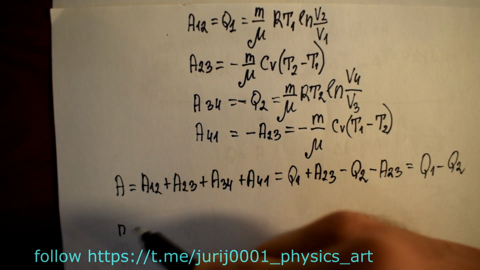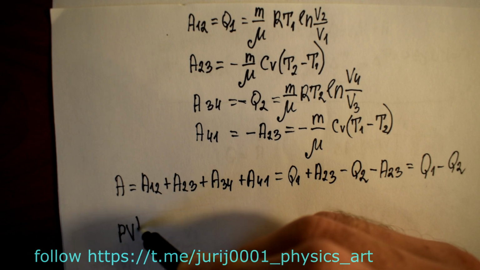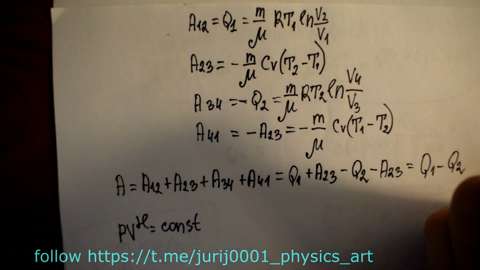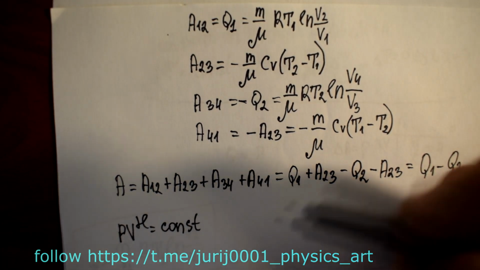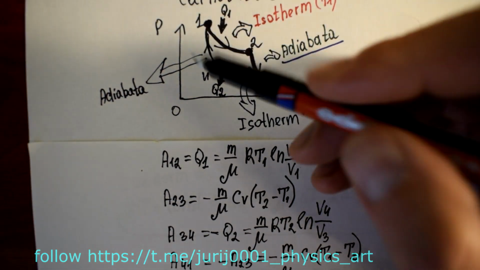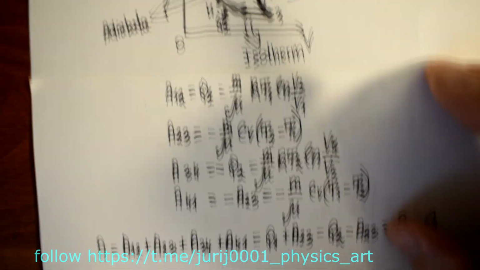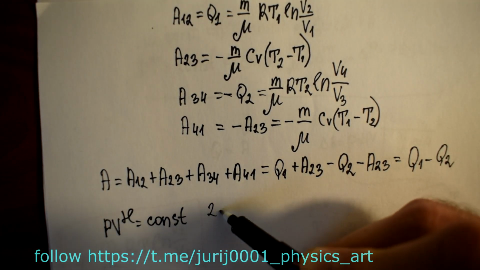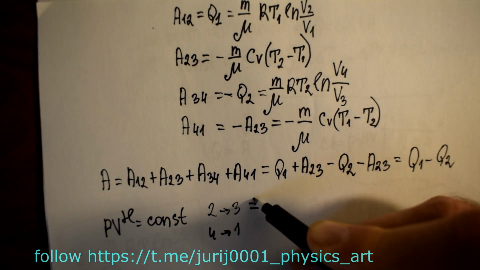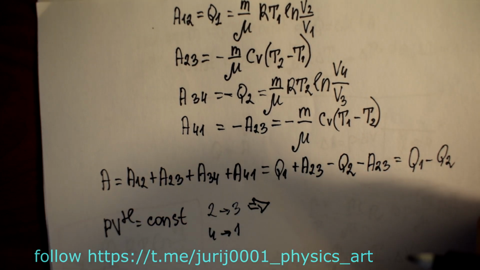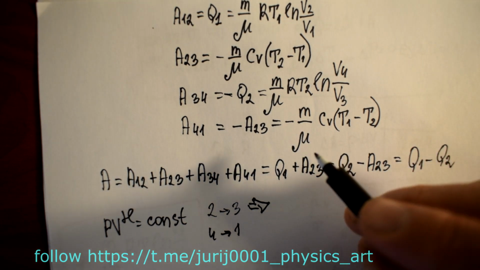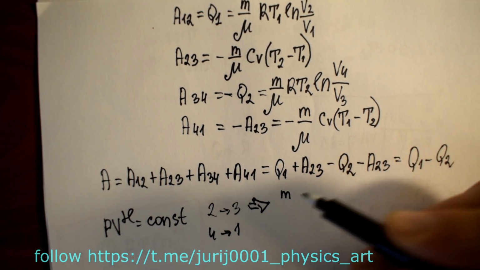I will write down the Poisson equation again to consider sections 2-3 and 4-1. If, for example, we also apply the Mendeleev-Clapeyron equation to the 2-3 process, then we can get a slightly modified Poisson formula. I have once again written the Mendeleev-Clapeyron equation to remind you that it is very often used in the appropriate place.